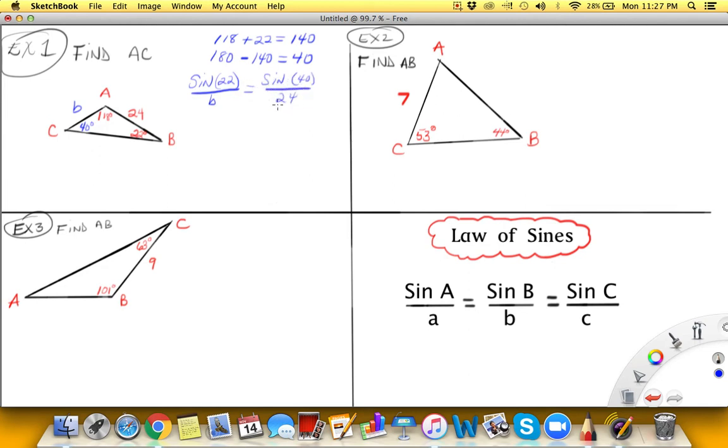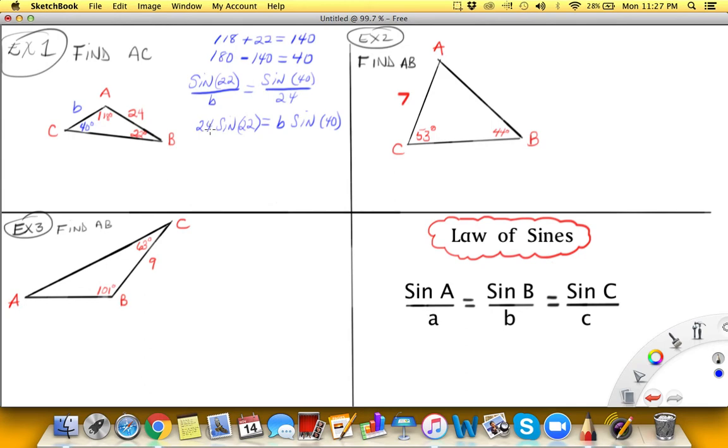Now we're simply going to cross multiply. So 24 times sine of 22 is equal to b times the sine of 40. Let's put the angle measures in parentheses.